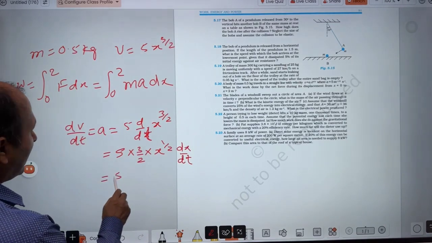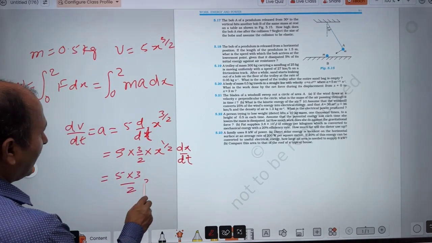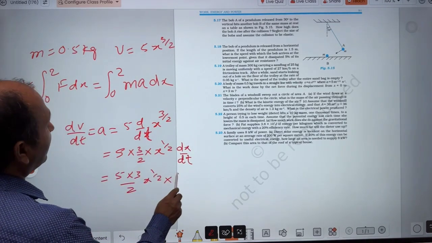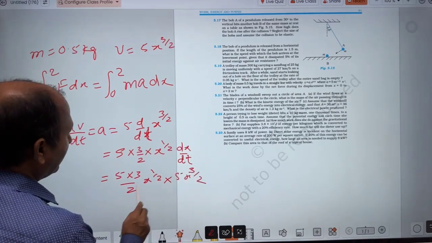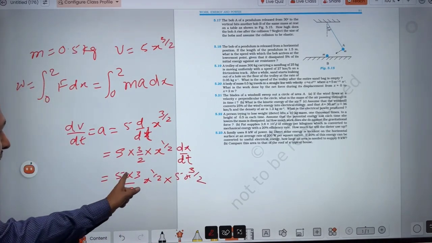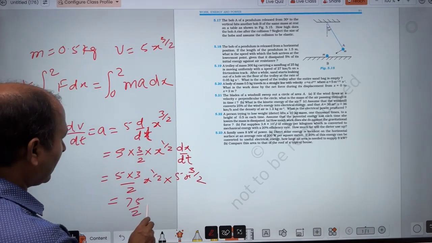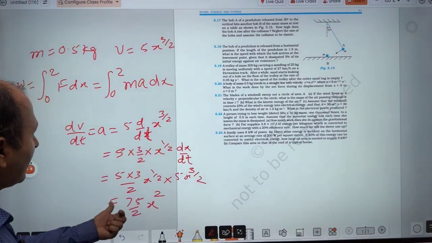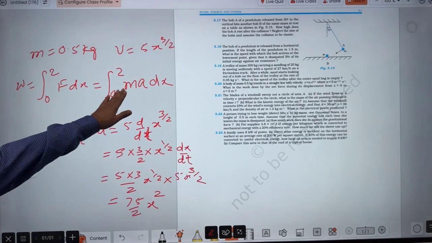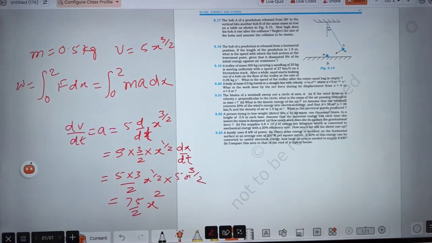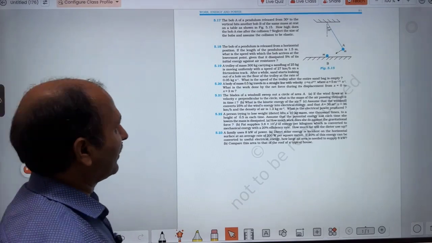So again you can write 5 into 3/2 x^(1/2) into 5 x^(3/2). So you will get the expression 75/2 x^2, and then you can put this value over here and you can get the work done. I think it is very clear now.